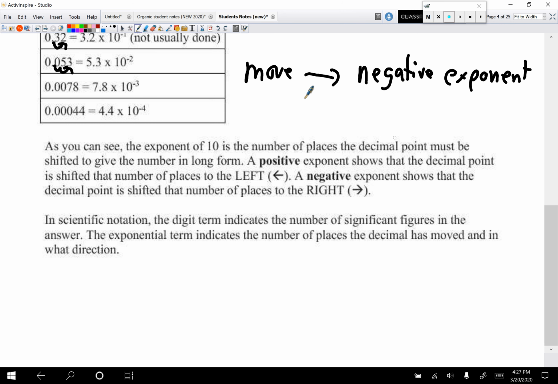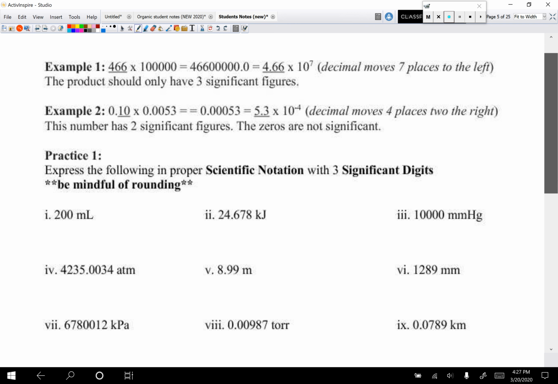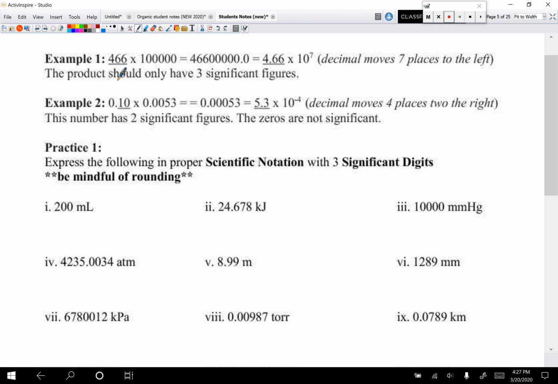All right. Now let's look at some of our examples. We have right here, for example, if we take a really large number like 466 and then multiply by this, what is this, 100,000, we get this number. Now, writing this number down, once again, is way too many zeros, right? And of course, we have 1, 2, 3, 4, 5, 6, 7, 8, 9 significant digits.